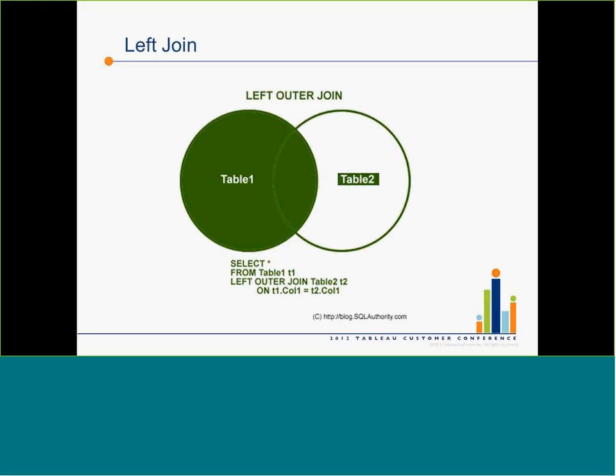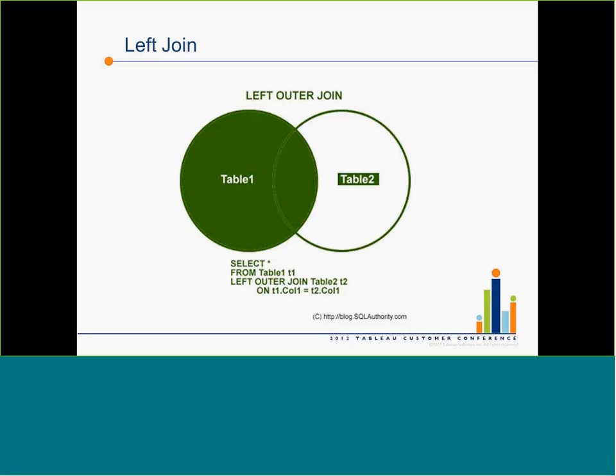Here's the left join. It's sort of like the inner join, only when we group the two tables together, everything inside of table 1 is kept. If there is something in table 1 that's not inside of table 2, that data will still be represented, only there will be nulls instead of it just being omitted.